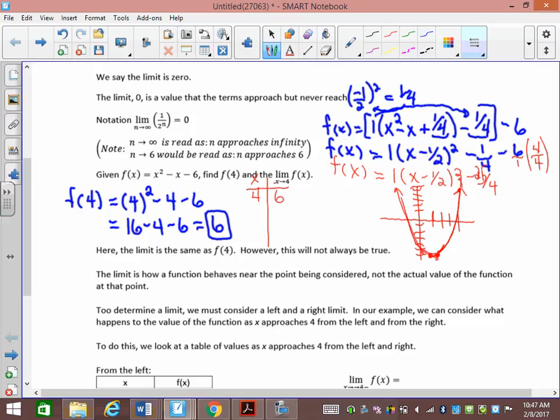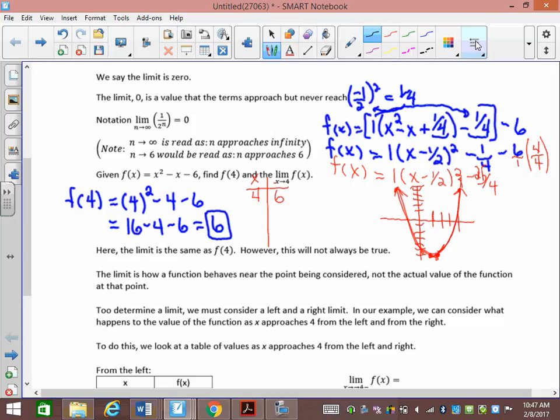What we need the most for this graph is actually the value at 4. We need to know the value at 4, and we need to know what the graph looks like on both sides of 4, because it's asking me the limit as x approaches 4. So it asked me for f of 4. F of 4 was 6. Then it asked me the limit as x approaches 4. I actually don't care at all about any of the rest of the graph other than the right and left-hand side of 4.